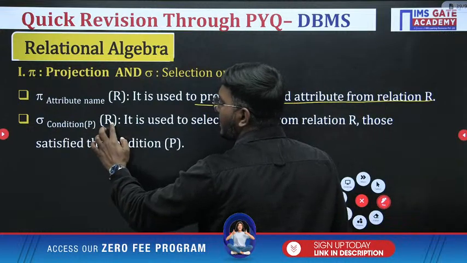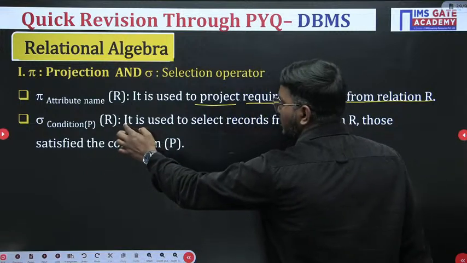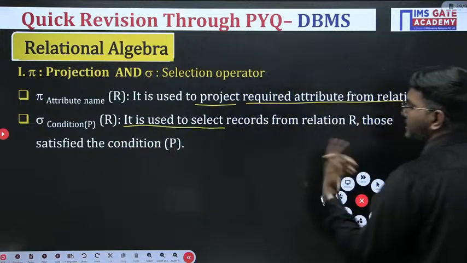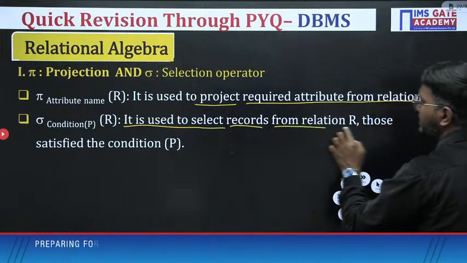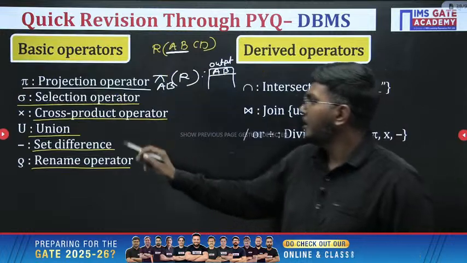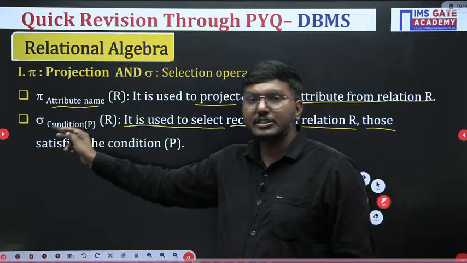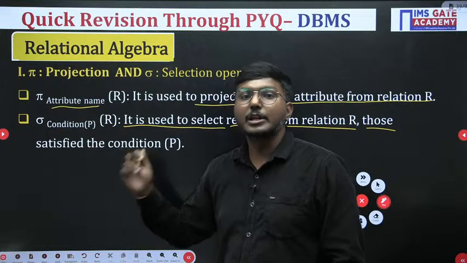Selection is R with a selection operator and some condition P. Selection is used to select records from the relation R that satisfy the condition P. Projection works on the attributes, and selection works on the records or tuples.